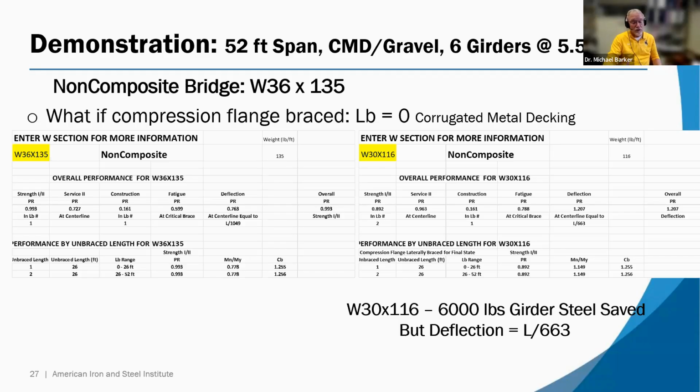That's 6,000 pounds of steel saved without even having to add another diaphragm. And so we can do all sorts of these what if games to try to come up with an economical, practical design. So this was a 52-foot simple span, corrugated metal deck with gravel as a riding surface, 6 girders at 5.5 feet.